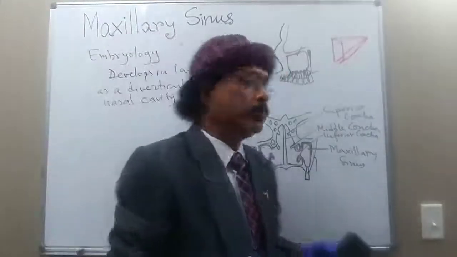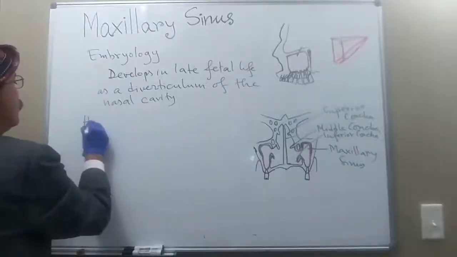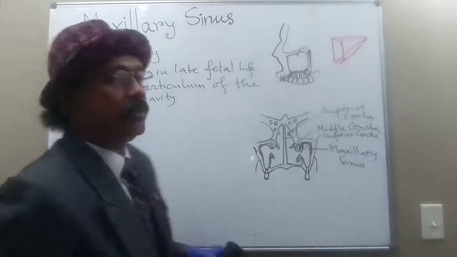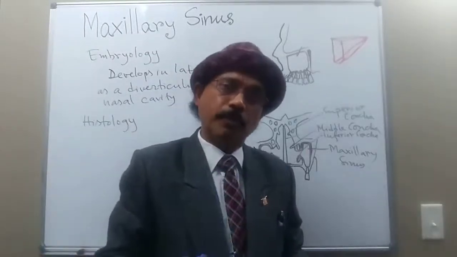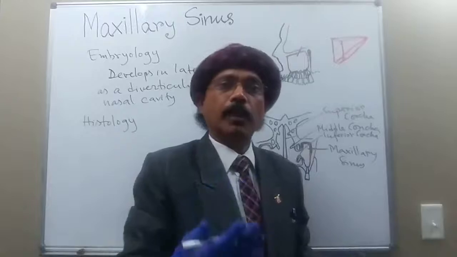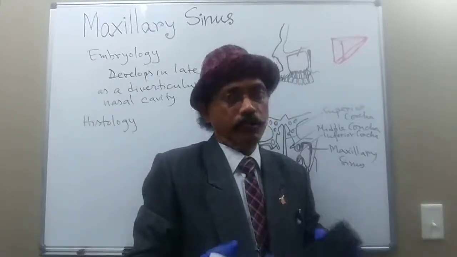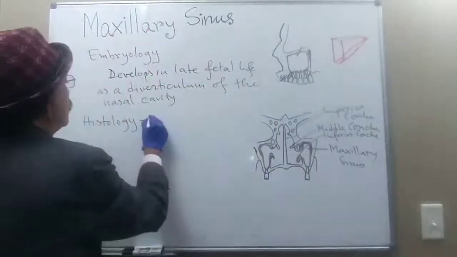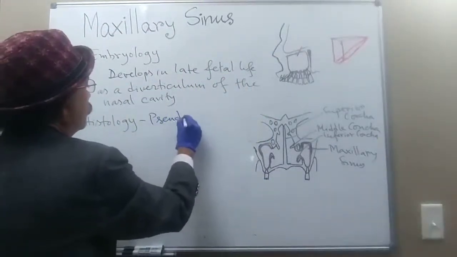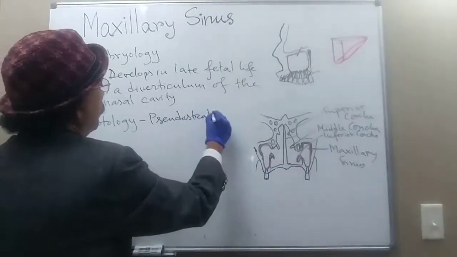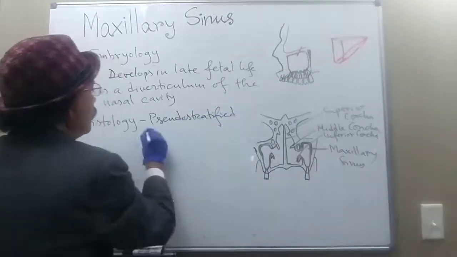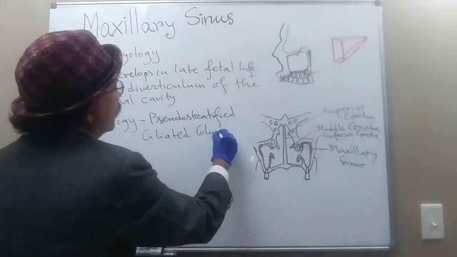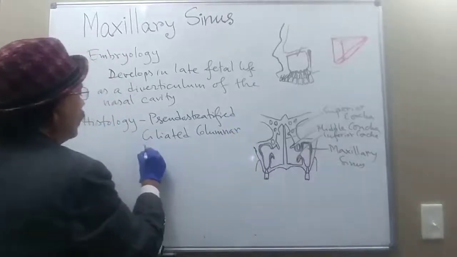If we go to the histology, as it is a diverticulum of the nasal cavity, it should be lined by the respiratory epithelium, that is the pseudostratified ciliated columnar epithelium.